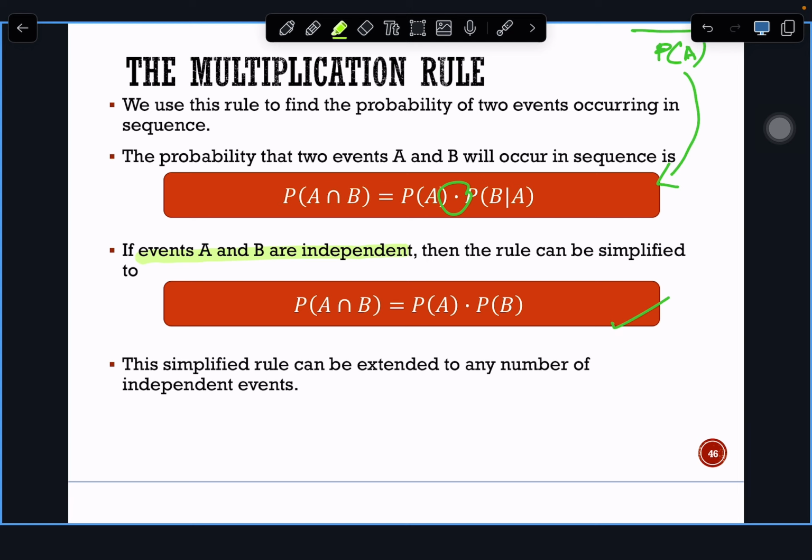So what does it mean here? If we don't know whether events A and B are independent or not, we apply the first formula. For the second formula, if the question mentions A and B are independent, then you can apply it. Third, if you know the experiment is independent, like rolling a die and tossing a coin, which are always independent, then you can apply the formula straight away.